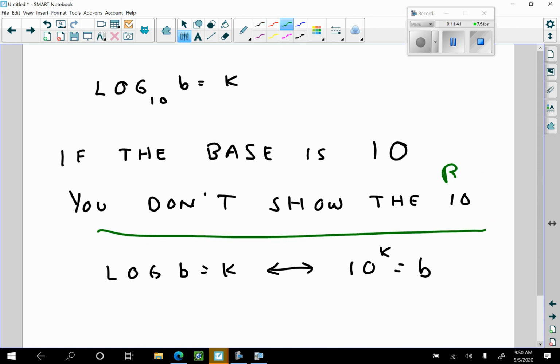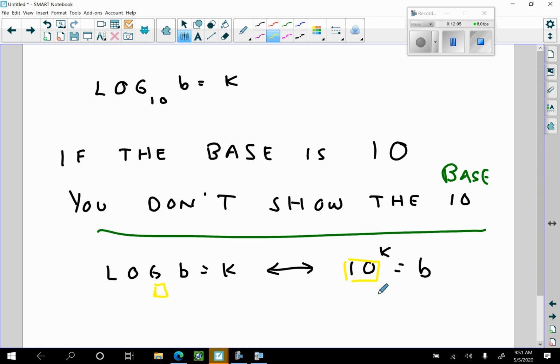You won't see people write the base 10 because it's so common. So if I have this statement right here, log, and there is no base here, looks like there should be a base, but there is no base here, that means 10. You can actually evaluate log base 10 with your calculator.